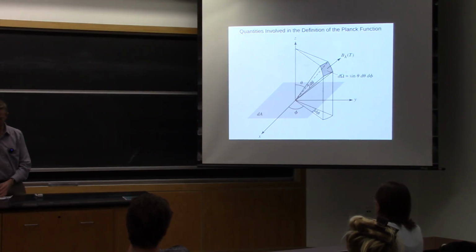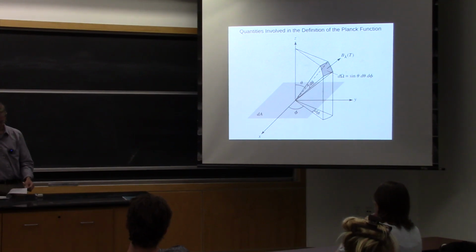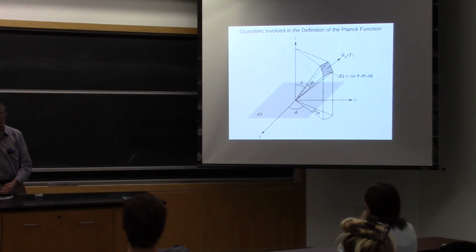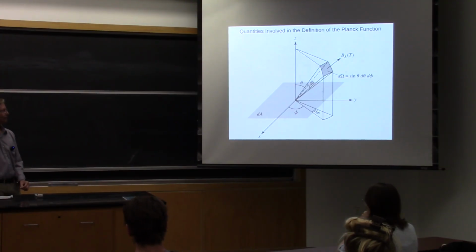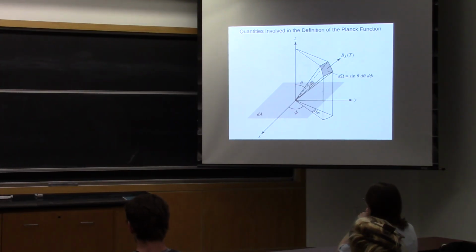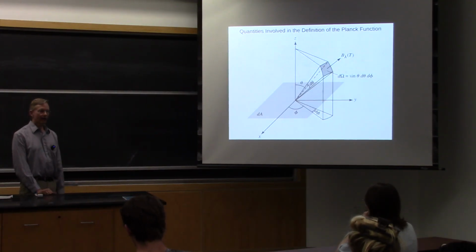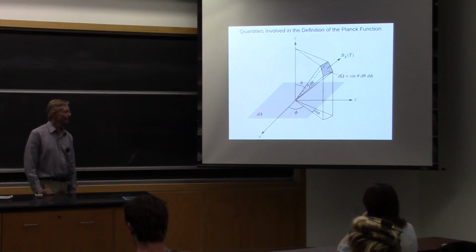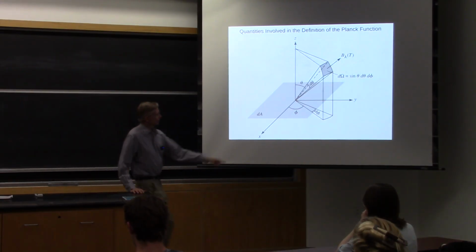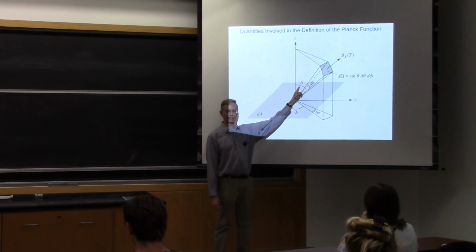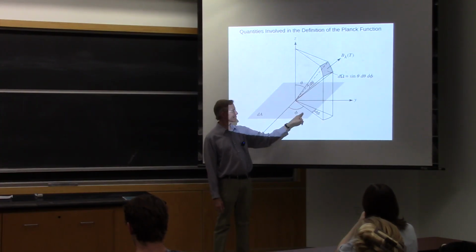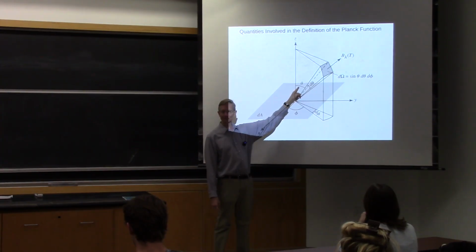So if we want to get fancy and start being able to integrate over solid angle, then it is convenient to use good old spherical polar coordinates. And because we are astrophysicists here, we call this angle phi and that angle theta, unlike in your math class where they call this angle theta and this angle phi.